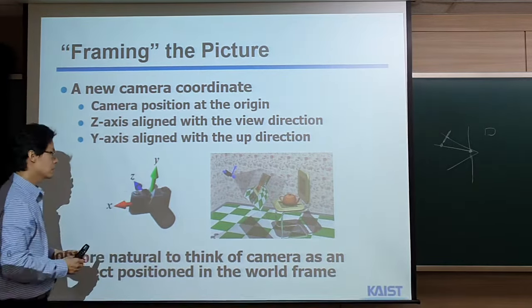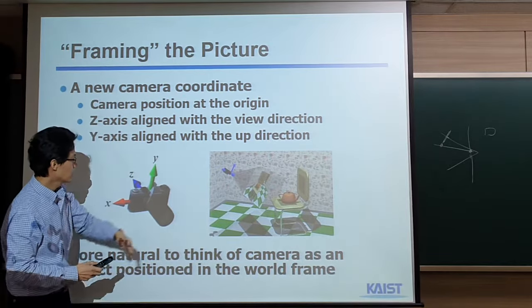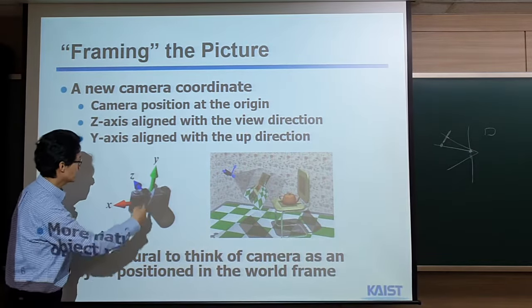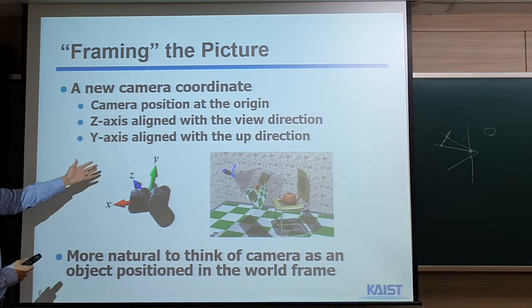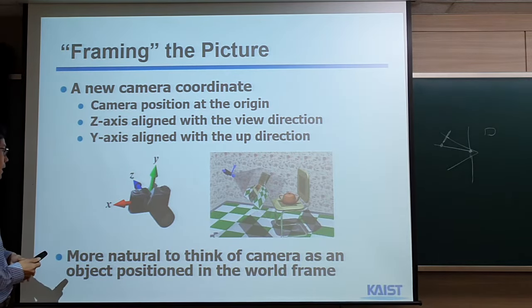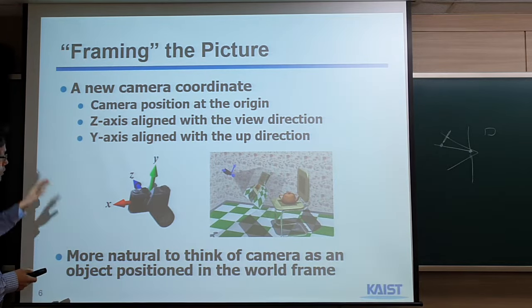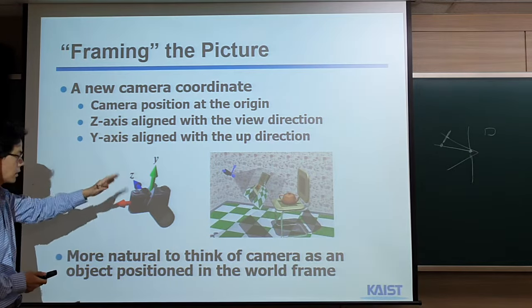That's not the other way. So basically the g direction is heading that way. So these are the common setup of this camera, and also basically we set up these camera parameters in the world space.